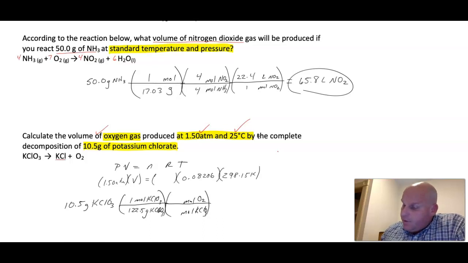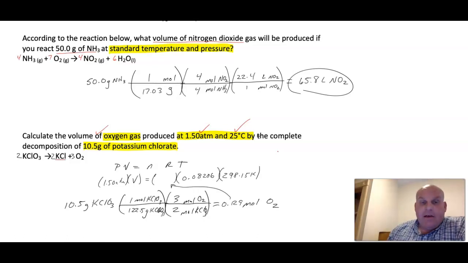So if I put a 2 there, a 3 there, that balances my O's, and then that balances my KCl. So my ratio here is 3 to 2, and now I can solve for moles of O2. We would get here 0.129 moles of O2. That can then be plugged in for my N value for the ideal gas law equation.